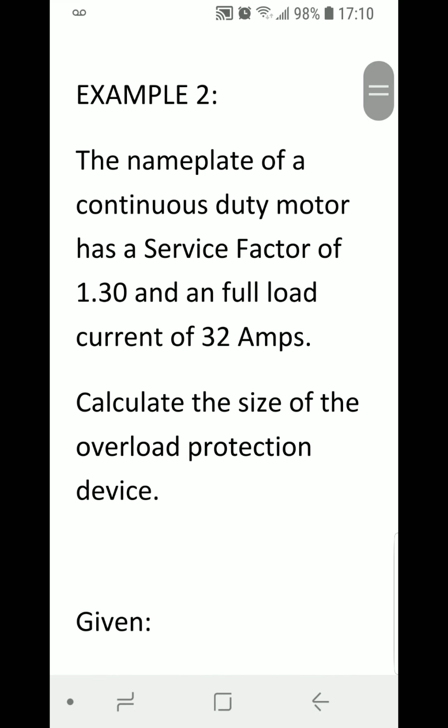Example number 2. This is the one that has a service factor greater than 1.15. The nameplate of a continuous duty motor has a service factor of 1.30 and a full load current of 32 amps. Calculate the size of the overload protection device.